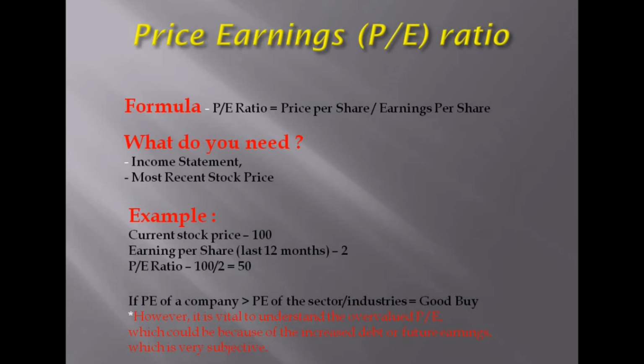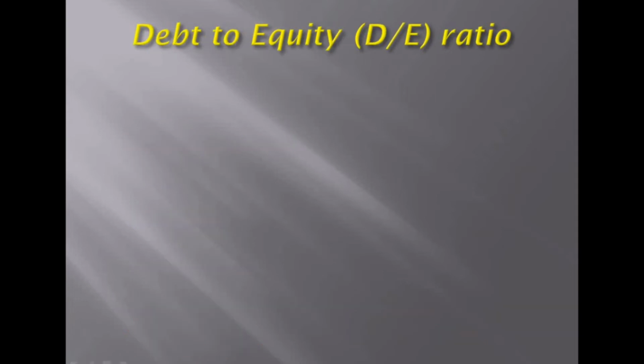But sometimes there will be some overvalued PE due to increased debt or future earning, so you have to check some other factors. But the first factor you have to check is PE. Whenever it is greater than the PE of your sector and industry, then it's a good stock.